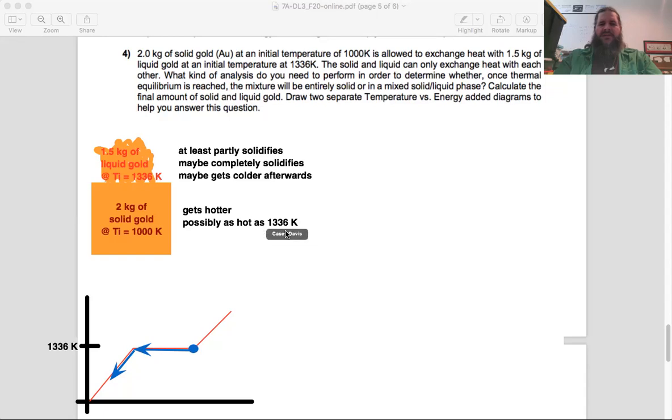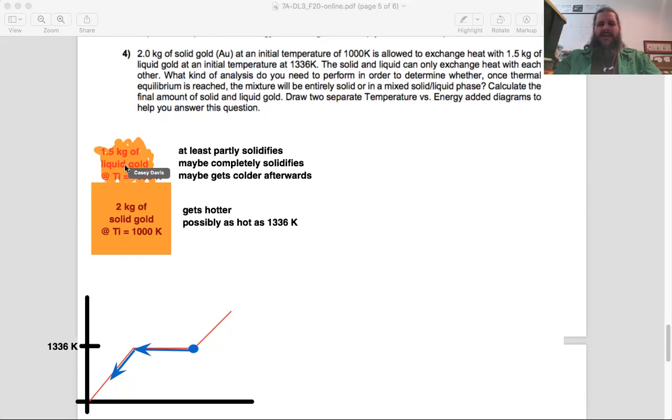But in this case, if it reaches 1336 Kelvin, that's the same temperature as the liquid gold. And what happens if two objects are already at the same temperature? Yeah, if they're at the same temperature, that would be thermal equilibrium.